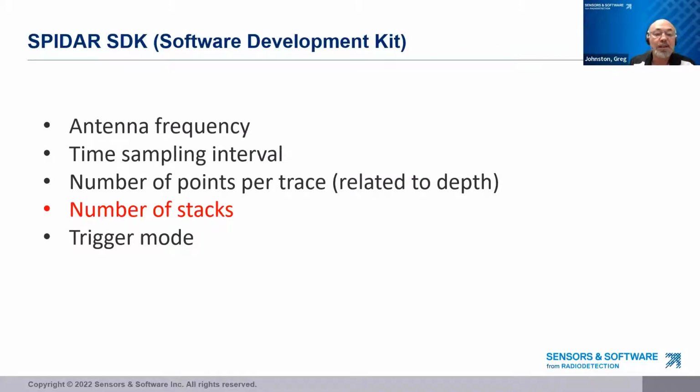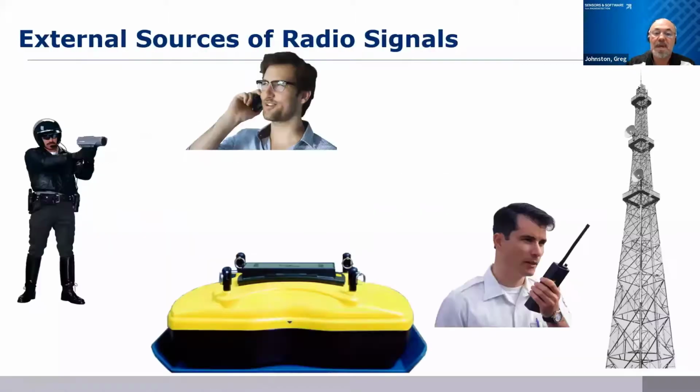All right, let's look at the number of stacks. It's important to realize that GPR systems don't just collect GPR signals generated by the GPR transmitter. GPR systems collect radio frequency signals in the bandwidth of the GPR receiving antenna.